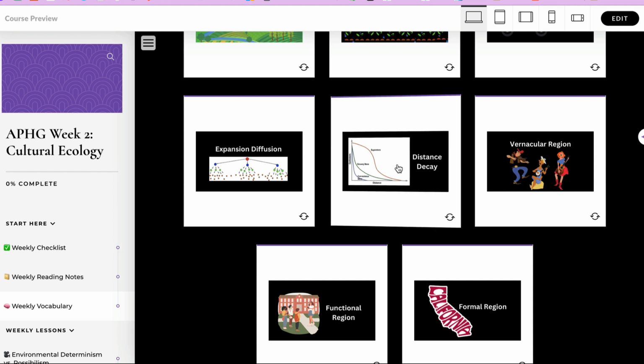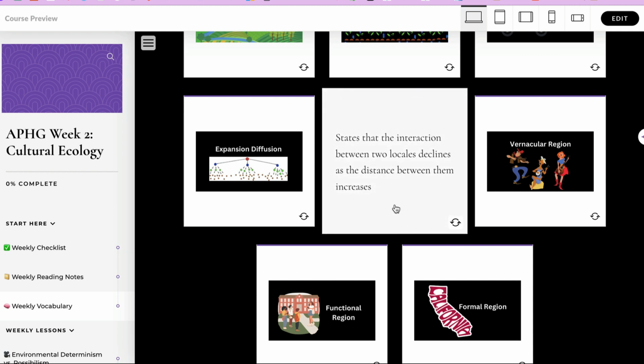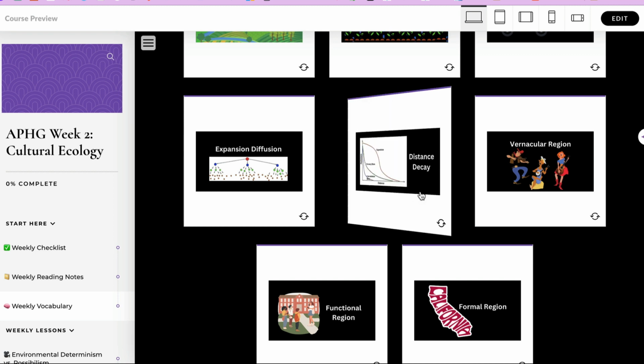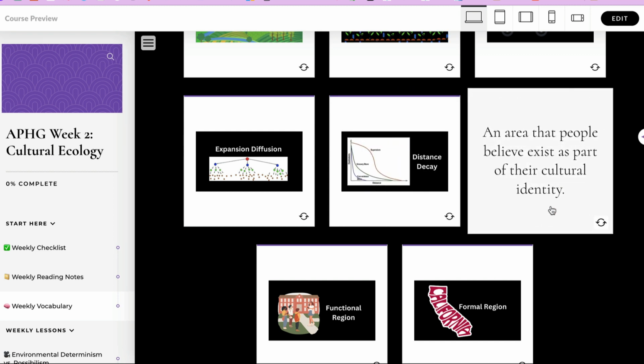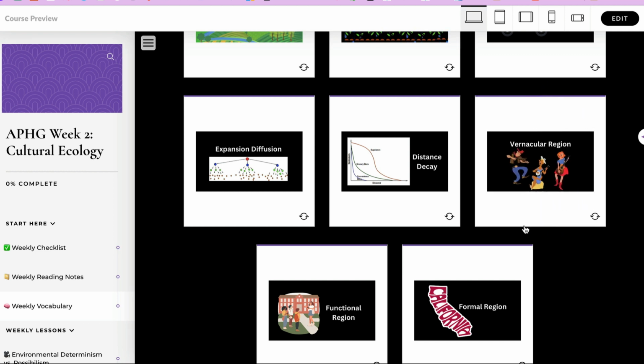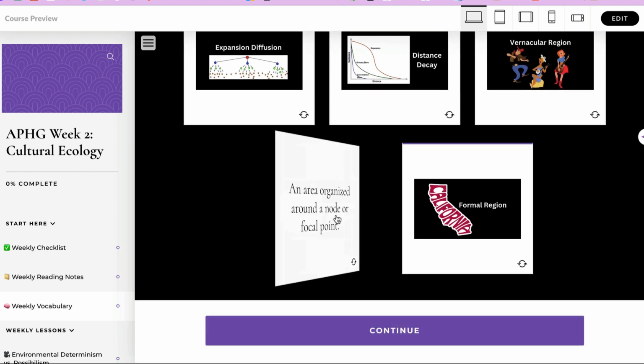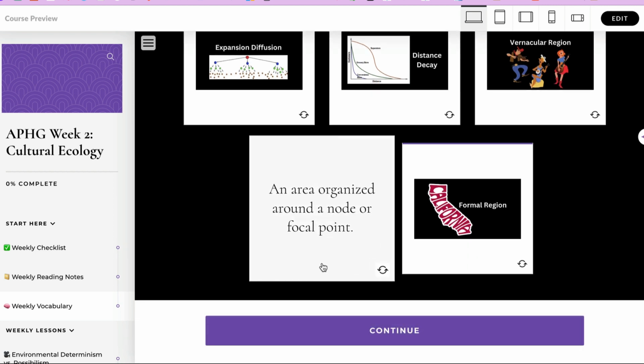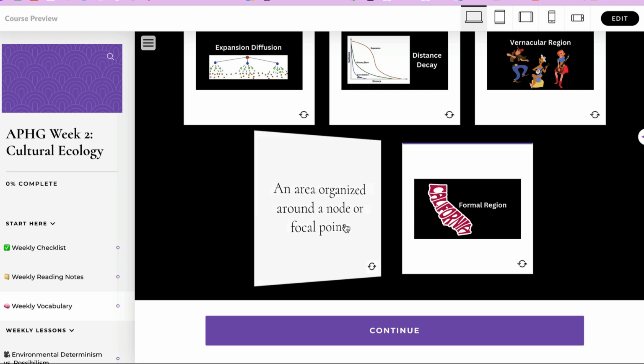The module then gets into more detail. We have the concept of distance decay, which says the interaction between two locales declines as the distance between them increases. A vernacular region is an area that people believe to exist as part of their cultural identity. A functional region is an area organized around a node or focal point.